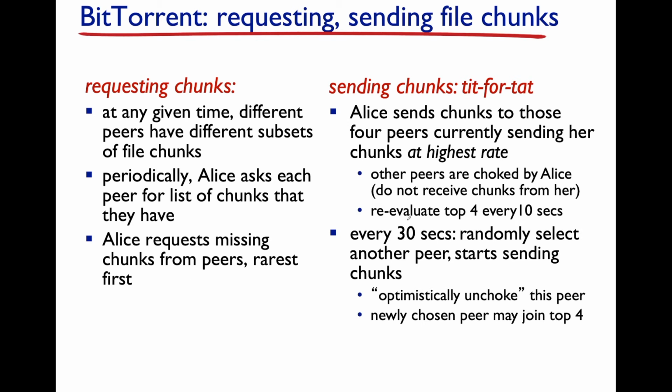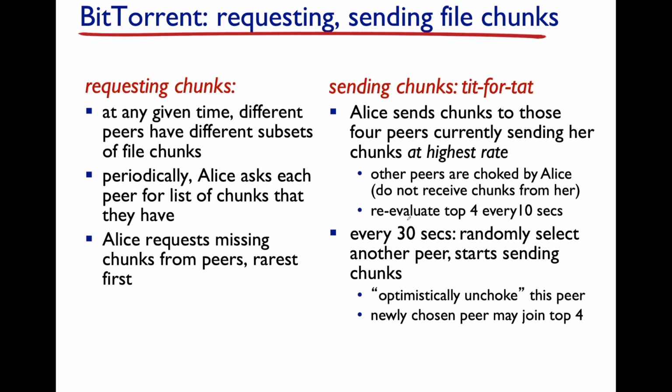And so what happens when you request chunks? At any given time, different peers have addressing information and can connect to different subsets of the torrent, and they have different subsets of file chunks. And so a peer doesn't necessarily all the time have the entire file. You might have parts of it.